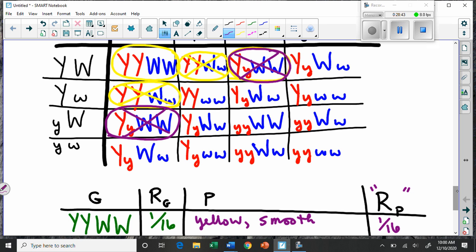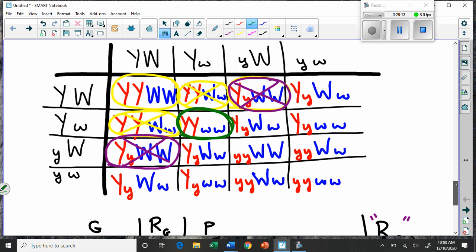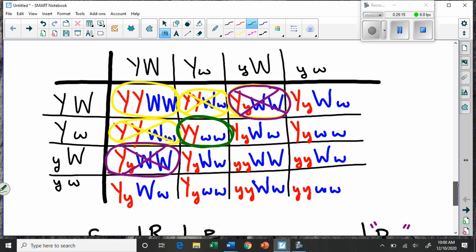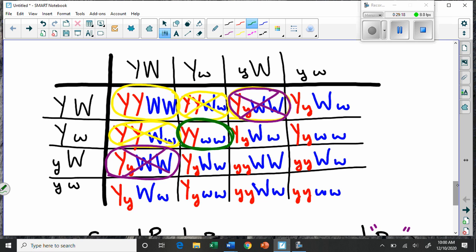All right. Now we're going to do the next combination. Let me take the green color. Let's do the 2 capital Y's with the 2 small W's right there in the middle. And I think that's the only place where that happens. 2 capital Y's and 2 small W's. Now there should be another place where that happens. Why am I missing it? Let's go back and check. No, maybe not.